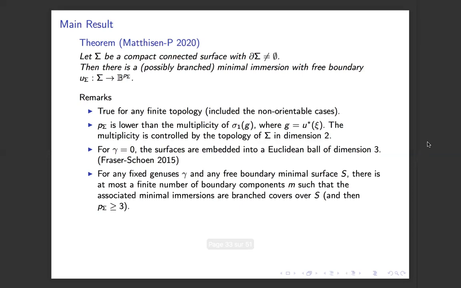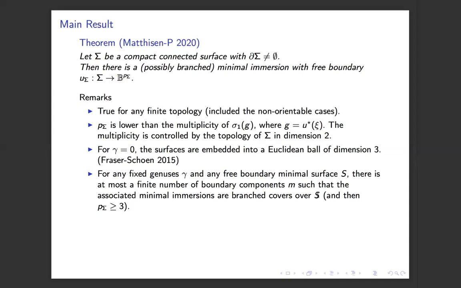And finally, we will be able to prove that for any fixed genus, if we take a free boundary minimal surface S, then there is at most a finite number of boundary components such that the associated minimal immersion of this theorem are branched covers over S. So it is very rare to have a branched cover over some surface.